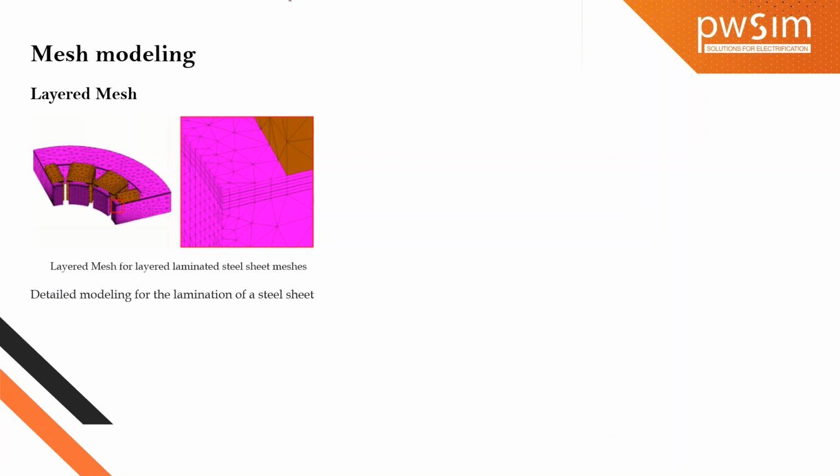For example, if you see in this region, this thin lamination plate has been divided into so many layers to account for the lamination eddy currents in the lamination sheet. In this kind of example, we can use this layered mesh to account for the skin effect and eddy current penetration in the lamination steel, the soft material, using this layered mesh technique.